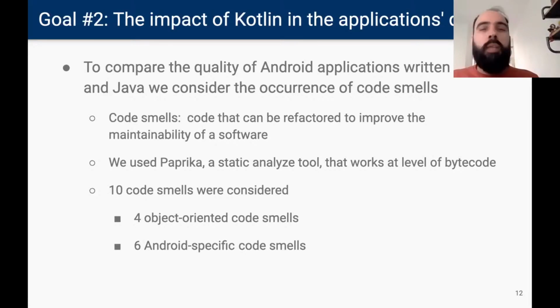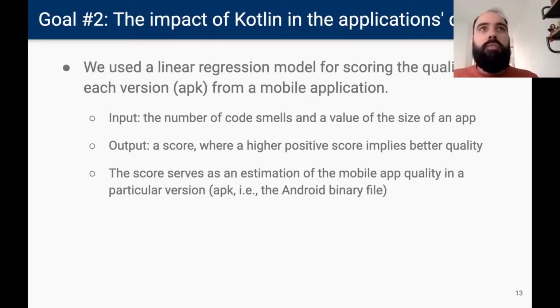We use a linear regression model for scoring the quality of each version of a mobile application. This model received as input the number of code smells and the size of the application, and as output, we got a score where a high score means better quality. So this score serves as an estimation of the mobile app quality in a particular version.